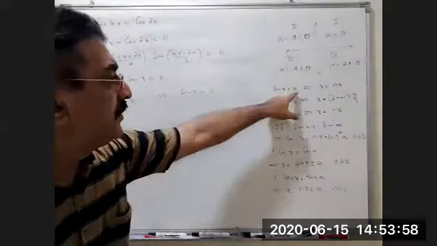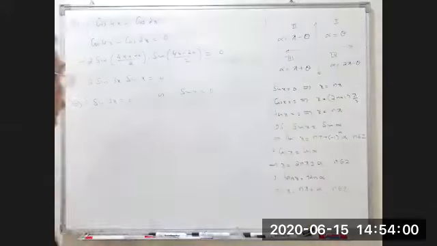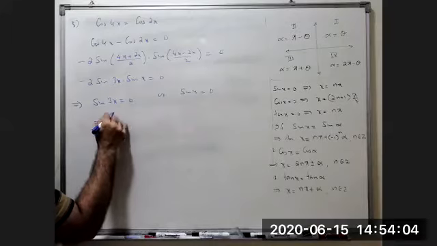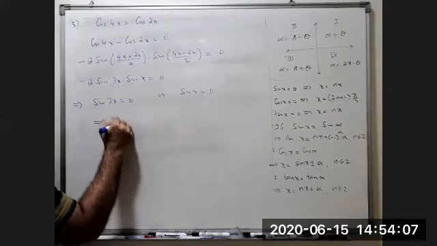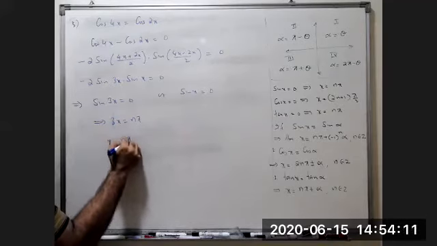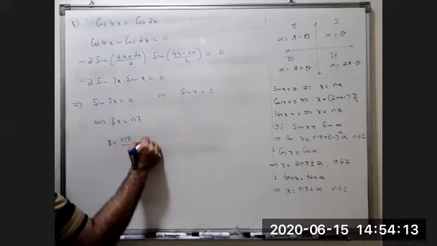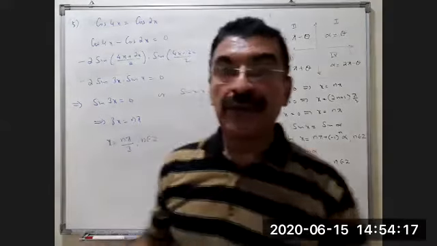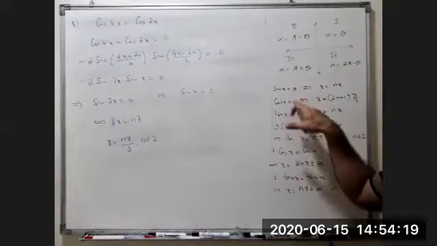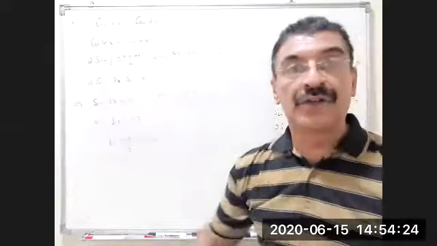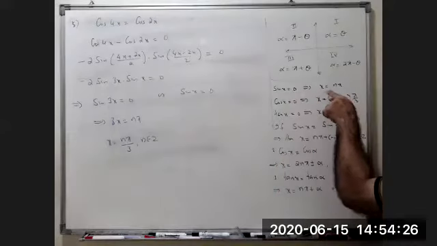Now we use this one. If sin x is 0, x is n pi. So if sin 3x is 0, this gives 3x is equal to n pi, x is equal to n pi by 3, n belongs to Z. Since the first principal solution is 0, it is very easy.